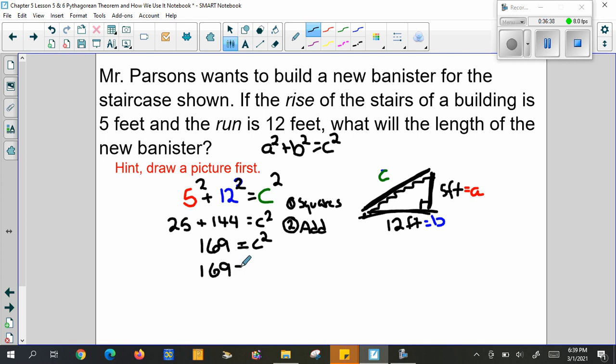In order to finish, we need to find the square root of 169, which is 13 and negative 13.